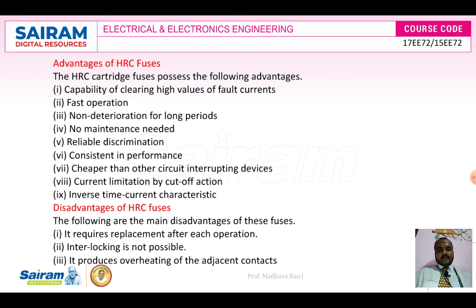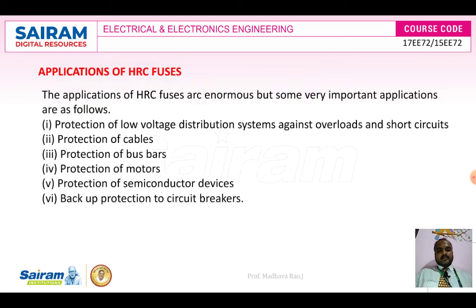Rewirability is not possible, and it produces overheating of the adjacent contacts. Since we use the HRC fuse in high voltages and high currents, whenever a fault occurs it gives overheating at the adjacent contacts. These are the disadvantages of the HRC fuse.